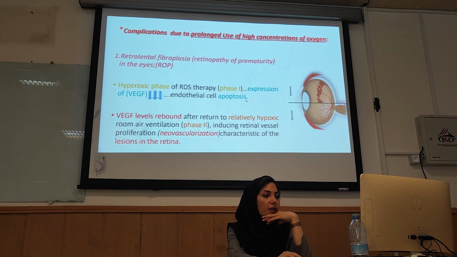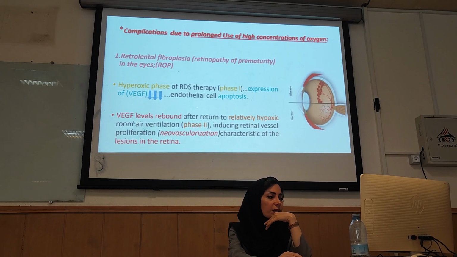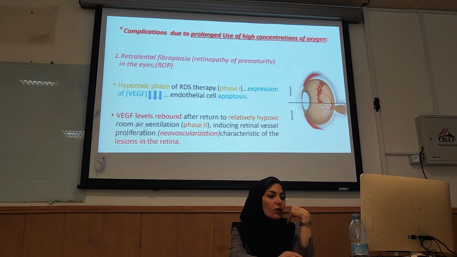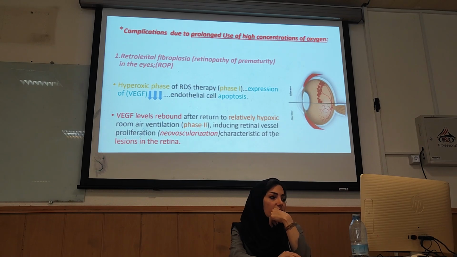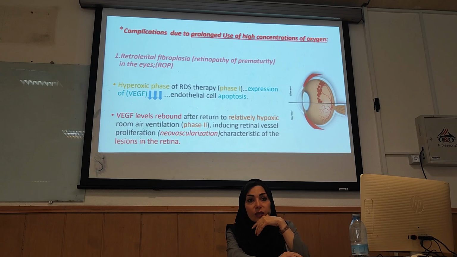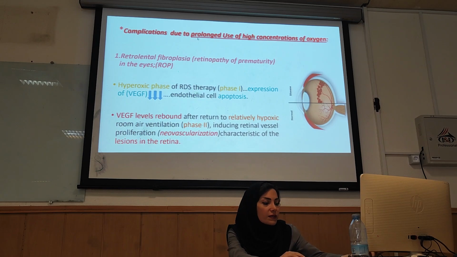So endothelial cells become apoptotic. After the oxygen therapy is stopped, the VEGF level rebounds and leads to neovascularization because VEGF is a growth factor. So neovascularization leads to vessel proliferation in their retina. So retinopathy of prematurity is a complication of oxygen therapy in RDS infants.